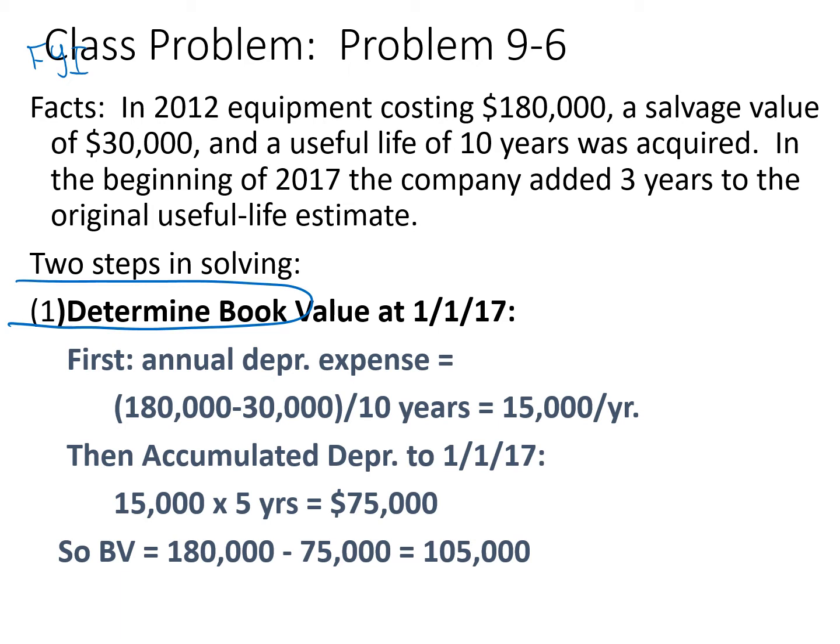So my balance in accumulated depreciation is $75,000. So the book value at the beginning of 2017 is the cost of $180,000 minus $75,000, which is the accumulated depreciation balance. So our carrying value is $105,000.